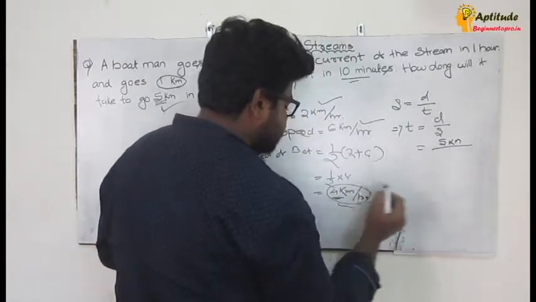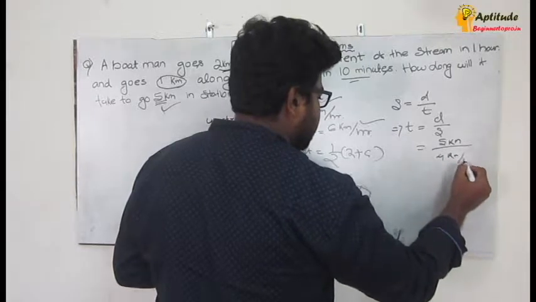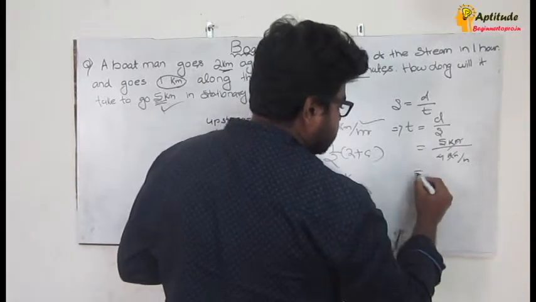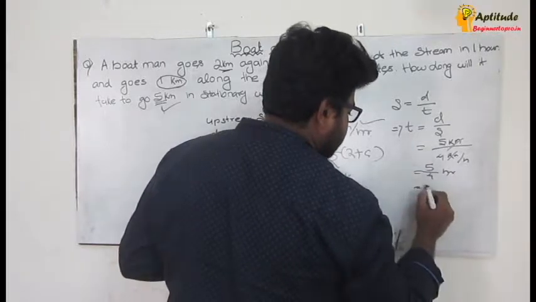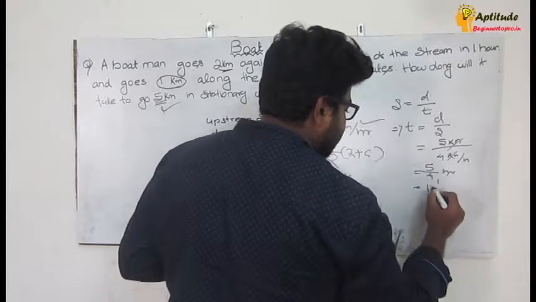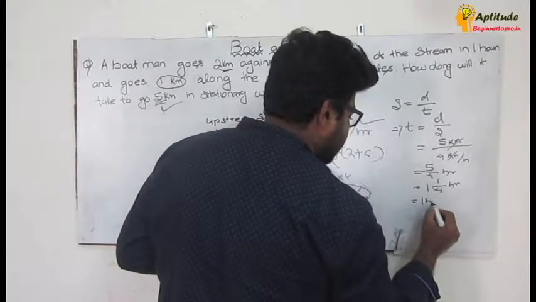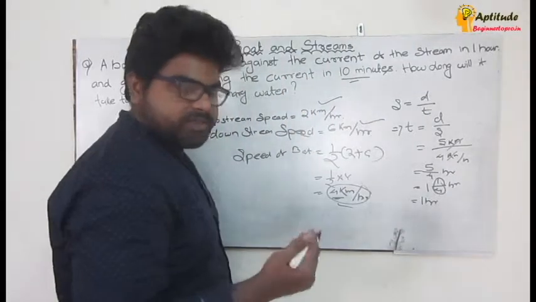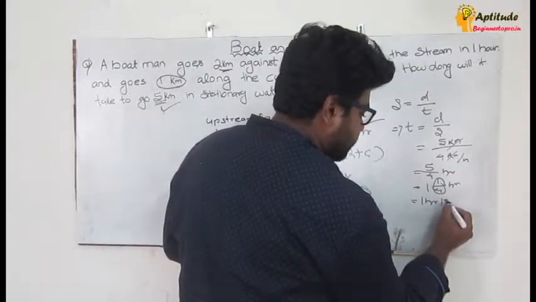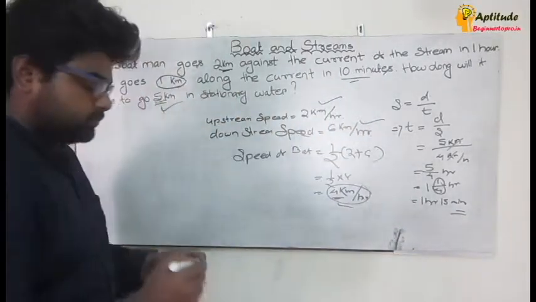Our speed is 4 kilometers per hour, then 5 by 4 hour, that is equal to 1 and 1 by 4 hour. We can say that 1 hour, 1 by 4 of 60 minutes, that is 15 minutes. This is the required answer.